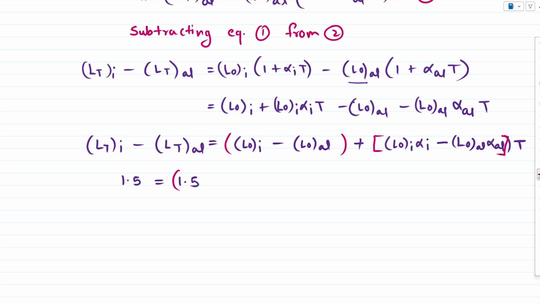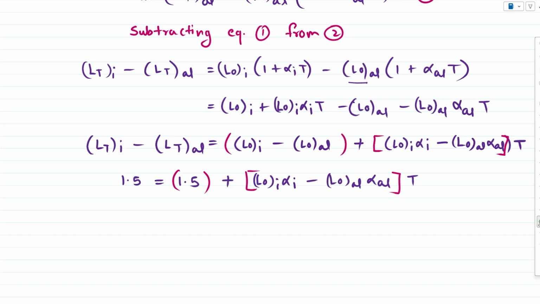So this is the substitution of this bracket. And then we have plus L naught of I times alpha of I minus L naught of AL times alpha of AL as well. And then we keep this in a square bracket, and then we have the term T outside the bracket.